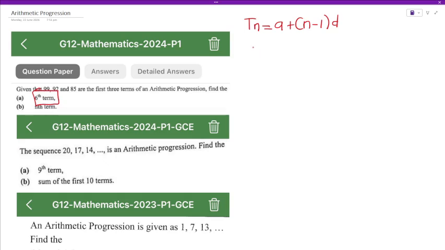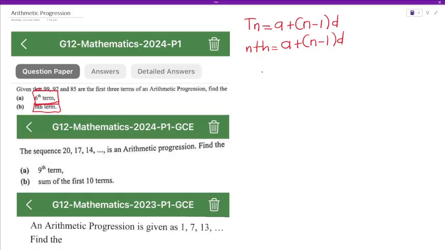When you're asked to find the nth term, like this question here, your formula is the same as the one for finding the terms: a plus n minus 1 close bracket d. So already you know two formulas, for finding the terms and the nth term.